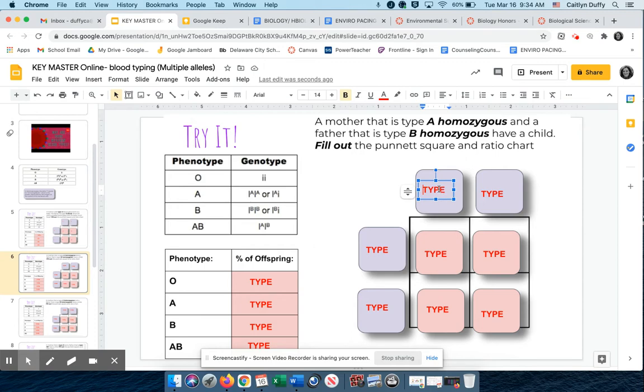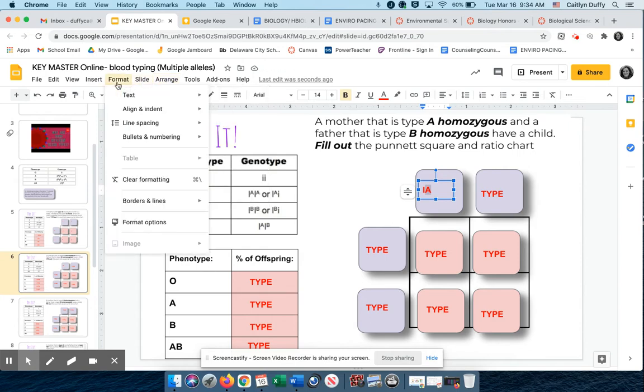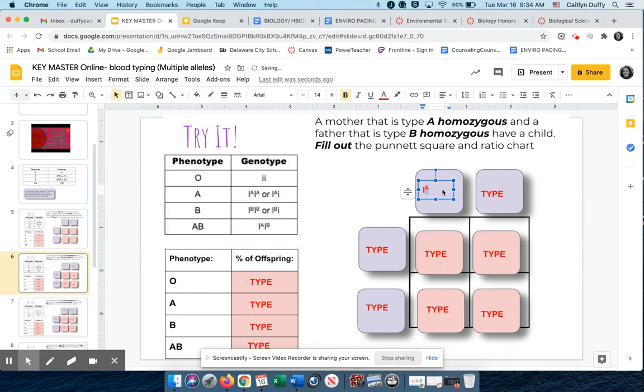Okay. So as a reminder, in order to do these superscripts, you can either go, let's do mom first, big I, big A, and you can highlight that and then go to format, text, and superscript.